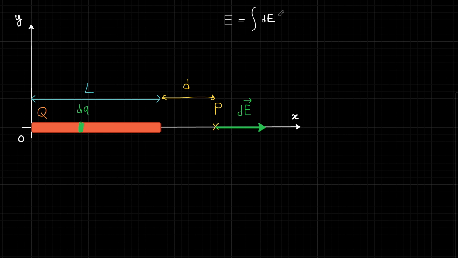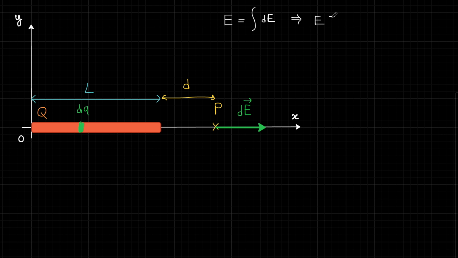Our next task is to come up with an expression for dE, right? We can't just take this integral right now. It's like a symbolic formula as of now. Now, how should we do that? Well, remember, dq is a point particle, so let's just apply the point particle formula for the electric field at some distance from the particle.